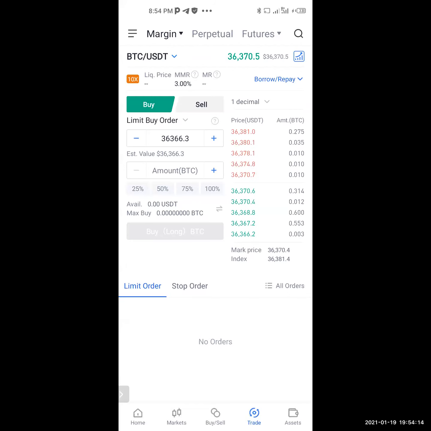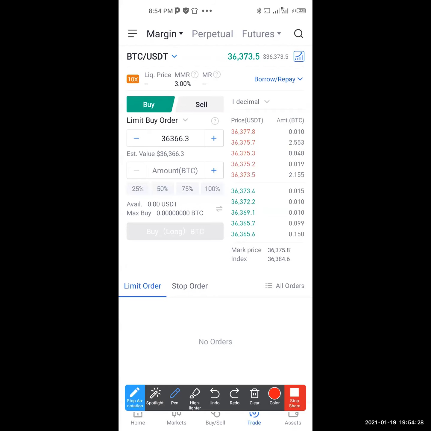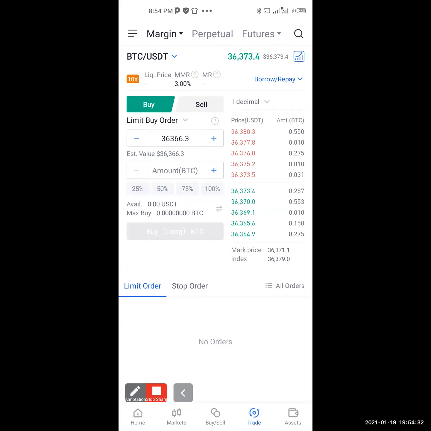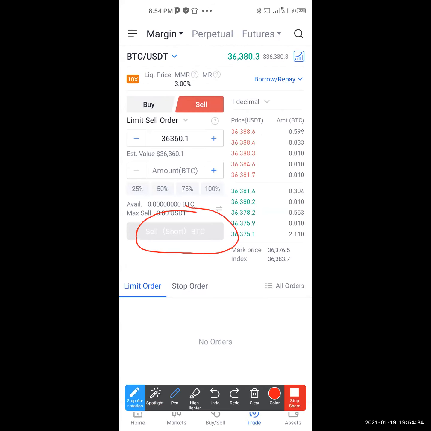Because I don't have this on OKEx, for me to trade margin, I will have to transfer funds from my funding account to margin account. But I hope you can see this. Now look at this place now. Buy long. If you go to sell, you will now see sell short.